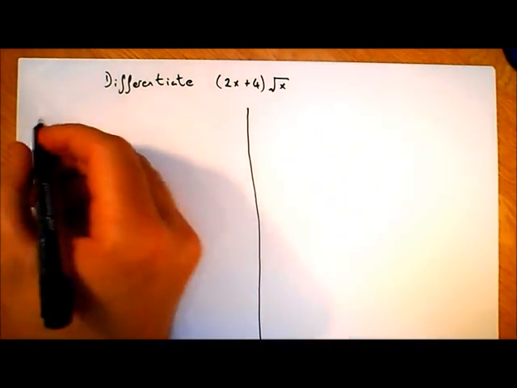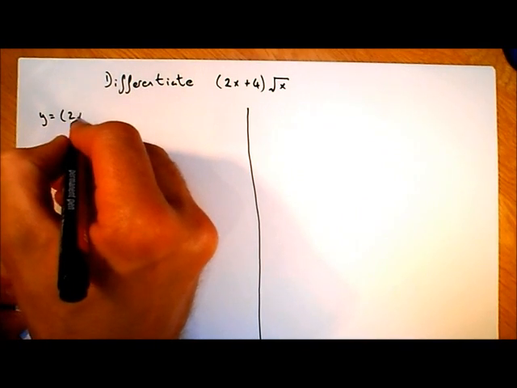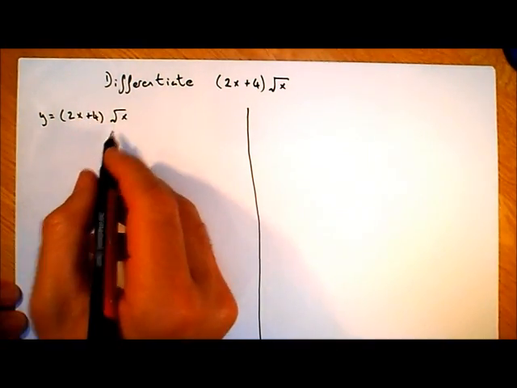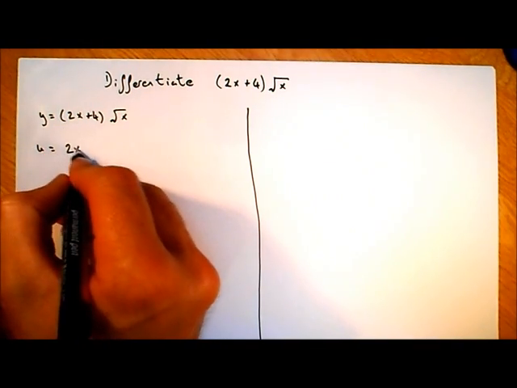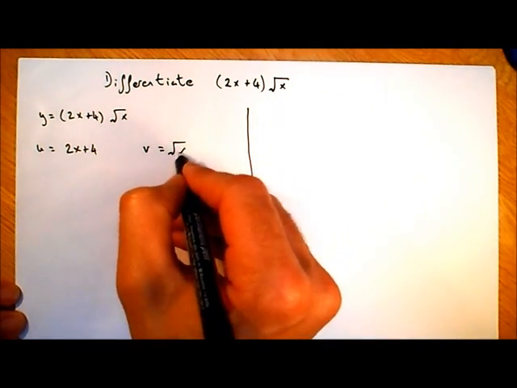Let's write y is equal to 2x plus 4 times the square root of x. If y is equal to that, then the u part is the first part, 2x plus 4, and the v part is the square root of x.